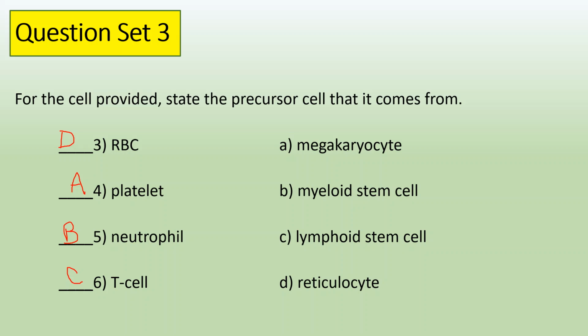Okay, so you should have gotten red blood cells come from reticulocytes, platelets come from megakaryocytes, neutrophils come from myeloid stem cells. Now, that could have been a neutrophil, an eosinophil, a basophil, or a monocyte, correct? And then number 6, T cells, natural killer cells, or B cells would have all come from the lymphoid stem cell line.